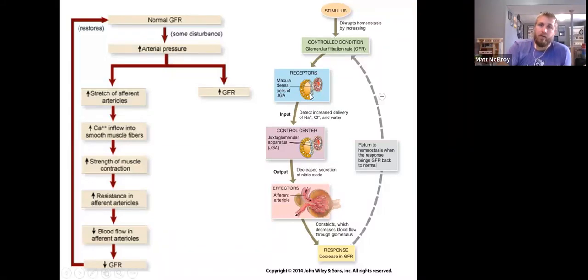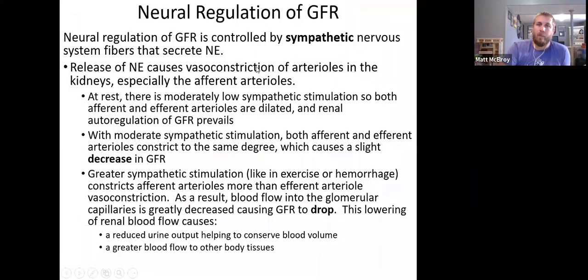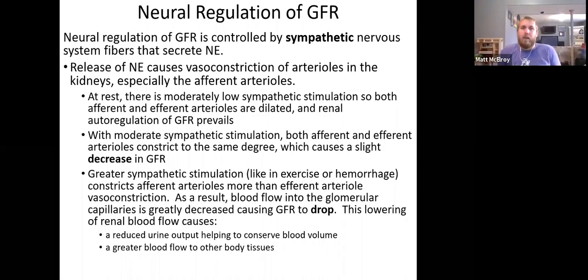Those macula densa cells communicate with the afferent arteriole, causing the afferent arteriole to, in this case, decrease its secretion of nitric oxide, which means the afferent arteriole constricts, less blood flows in, GFR goes down, and we return back to a normal controlled condition of GFR. So that's how our kidneys can self-regulate. The kidneys are subject to outside influence.